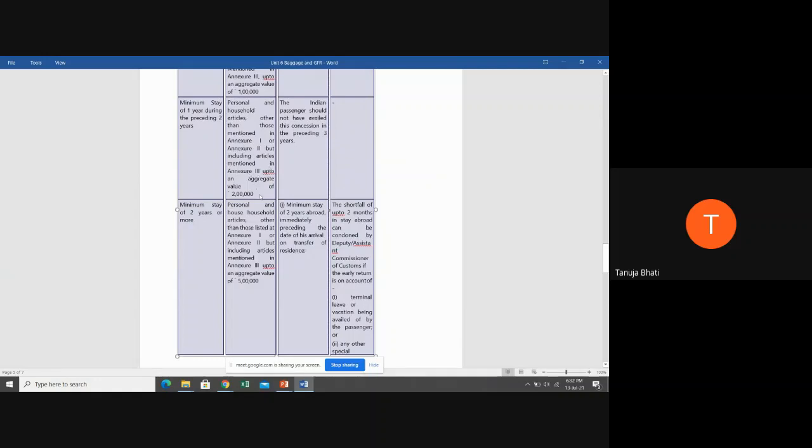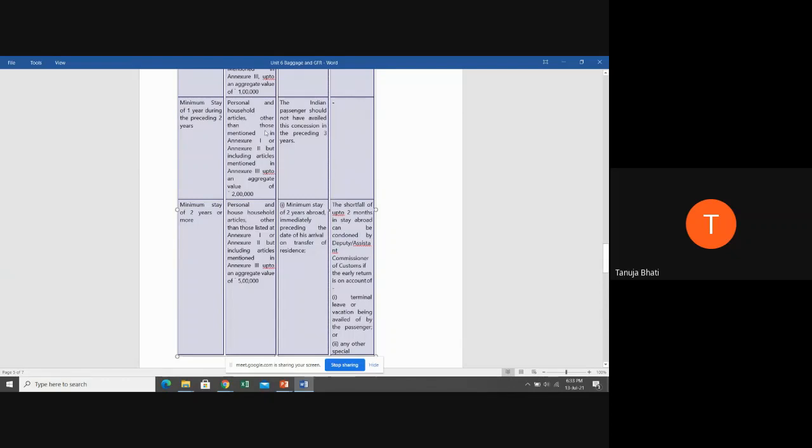So students, here it is clearly saying that if he is getting any article that is mentioned in Annexure 3, having a value up to 2 lakh rupees, that is allowed free. No duty is to be paid on those articles, provided his stay in the preceding 2 years is for a minimum period of 1 year abroad.